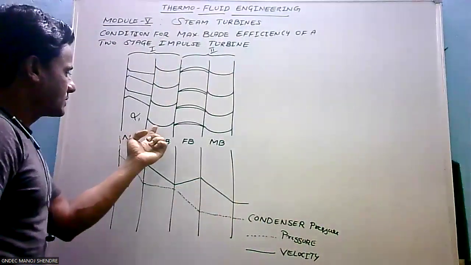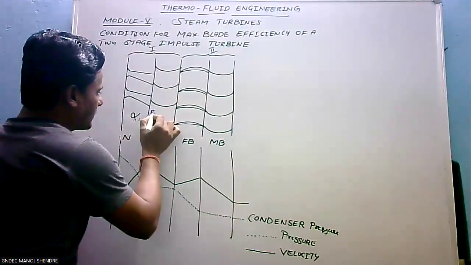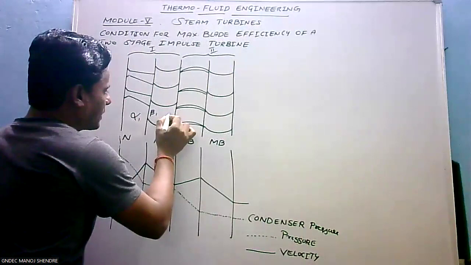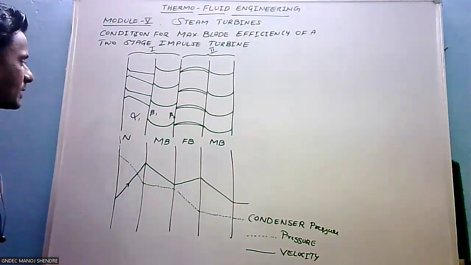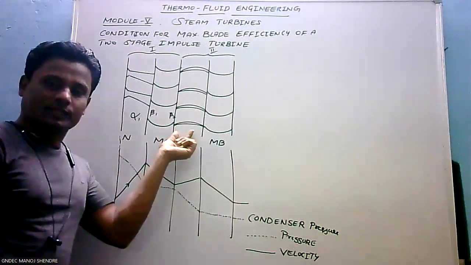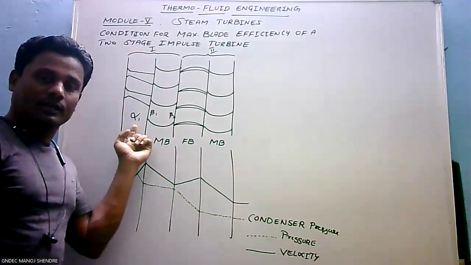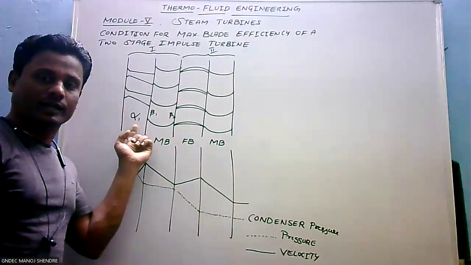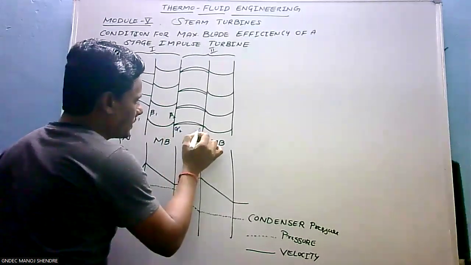We are dealing with the first set of moving blades. The inlet angle is beta 1 and the outlet angle is beta 2. Similarly, for the fixed blades we use alpha. Alpha 1 is already taken, so here let me take alpha 2, and here is alpha 3.